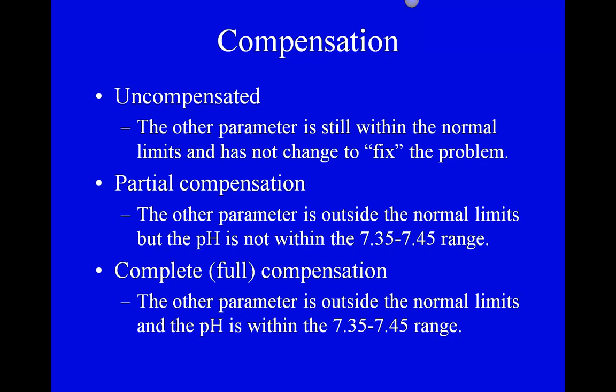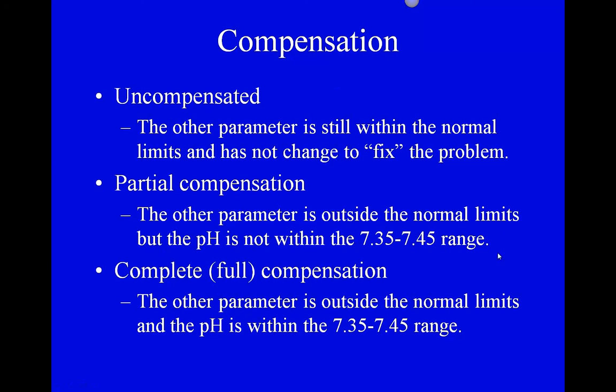If both systems cause the change in pH to an acid or an alkalosis, if they both match that, then there can't be compensation. So compensation is only when one value is matching the pH and the other one is not. If the other parameter is still within its normal limits and it hasn't changed to try and correct the problem, we're going to call that uncompensated.